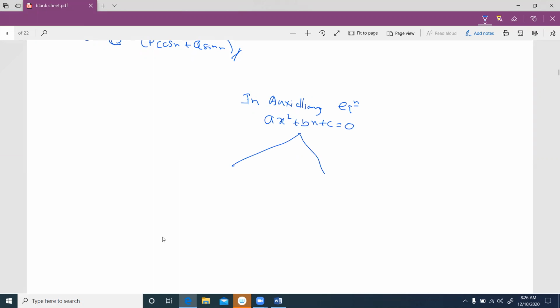First one is two solutions. For this case, you can write a e to the power ax plus b e to the power bx. One solution. In that situation you can write a plus bx e to the power kx, right?